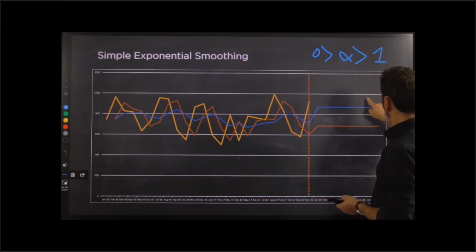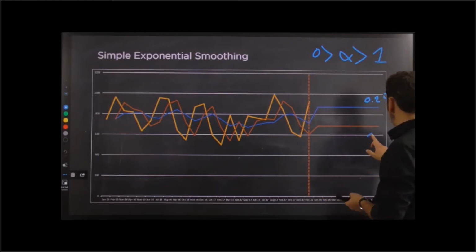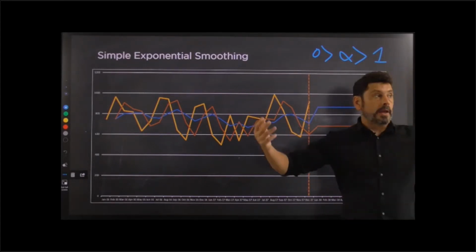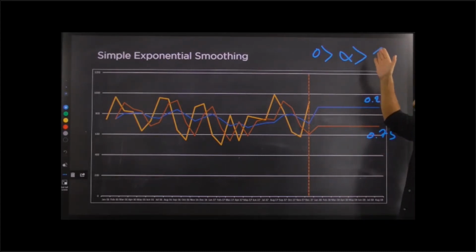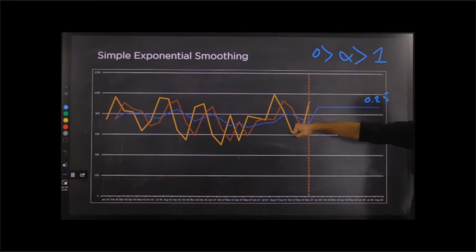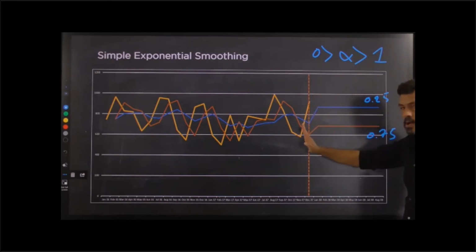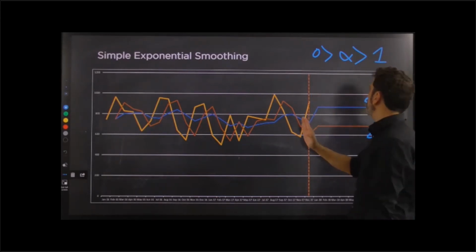The top alpha is 0.25 and the bottom alpha is 0.75. The bottom one, what it actually does, the more the alpha approaches 1, the more weight it will put on the last observation. It will actually make a mix of the last observation and the last forecast that I already made.